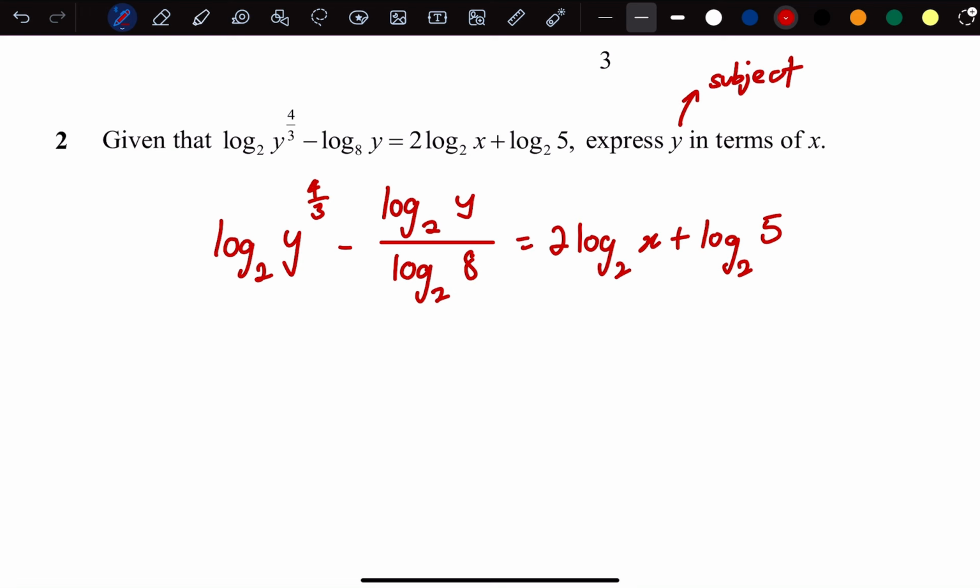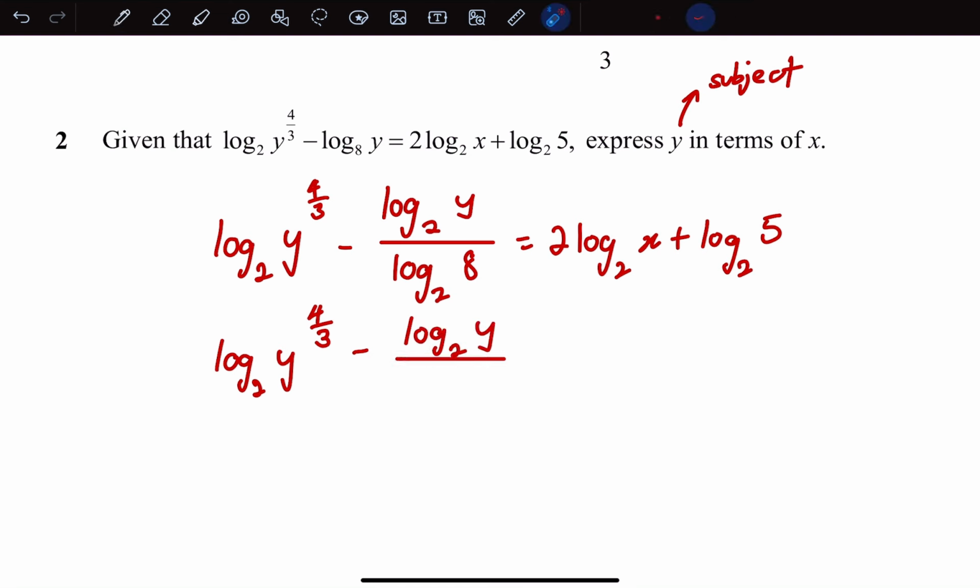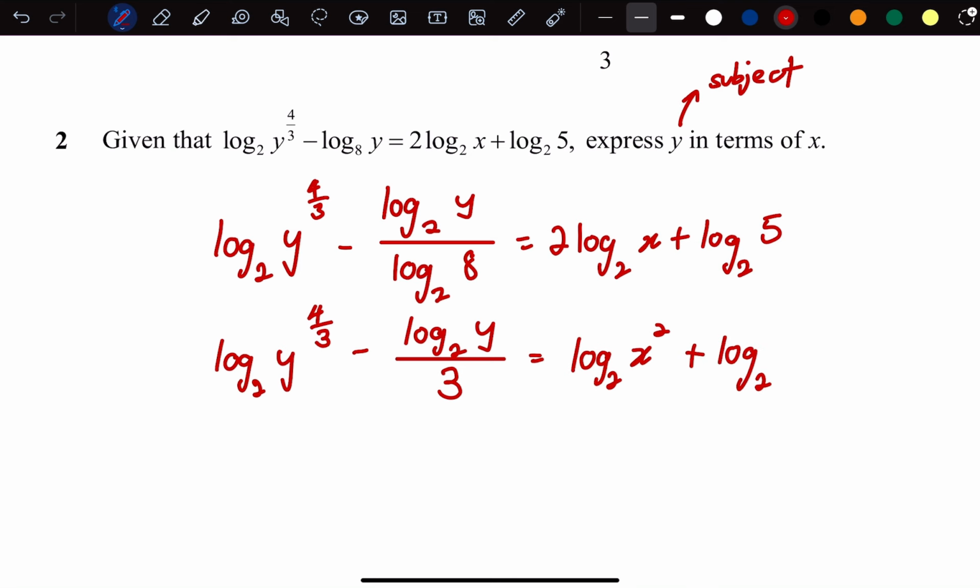I know that this is simply equal to log base 2 of y power 4 over 3 minus log base 2 y over log base 2 8. I hope that you can see that this is equal to 3 because the base 2 power 3 gives me 8. So this is equal to 3, equals, I can actually bring this 2 into this x term. This will become log base 2 x squared plus log base 2 5.